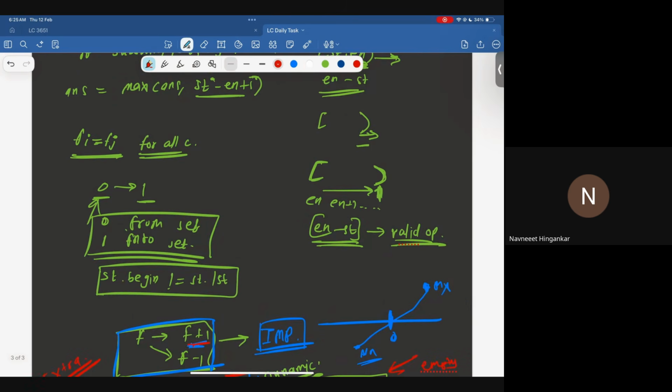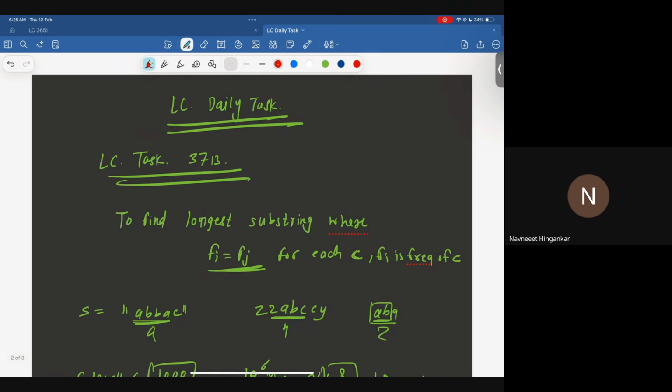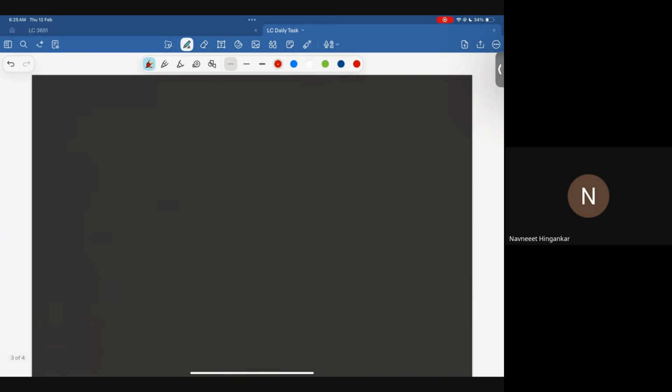So coming to my original question, I will write it on another page now, or we can create another page. Coming to the original question, we jump to n square, where we run the nested loop on start and end, and on the start-end portion, we just check if that string is valid or not.